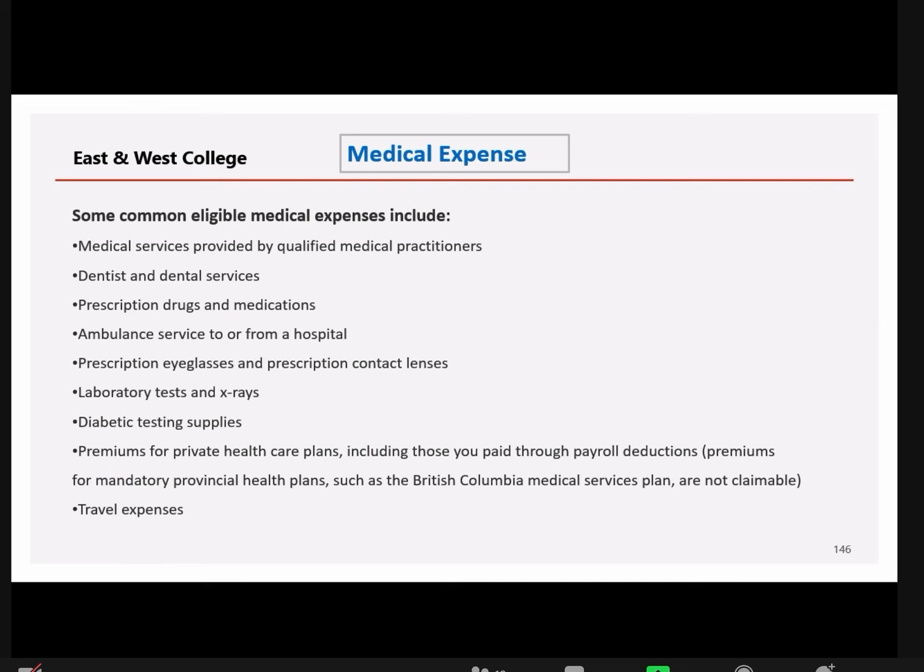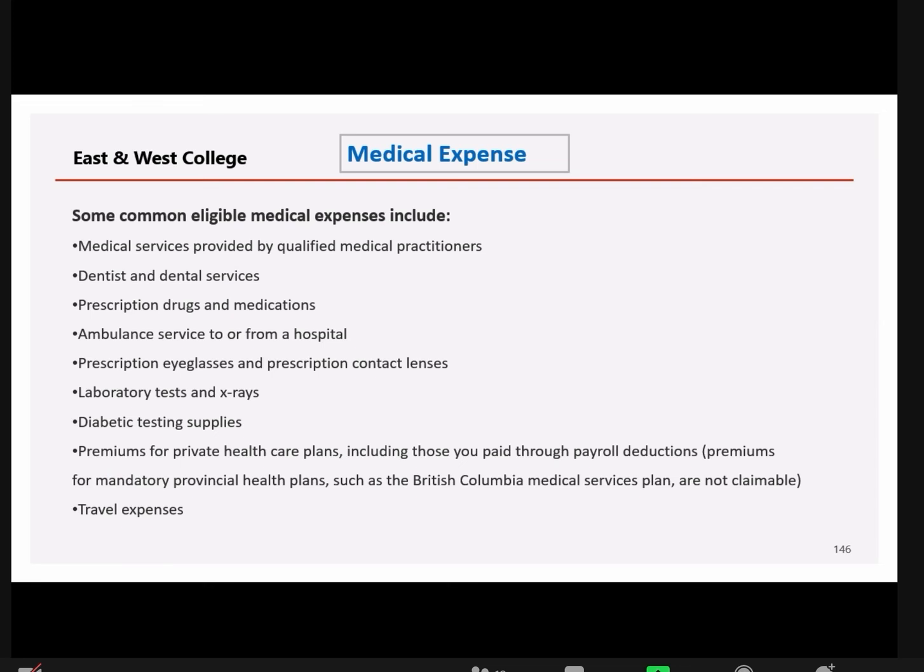For a prescription drug, when you have a receipt, the receipt has a DIN number and an RX number. The RX number is probably something registered.